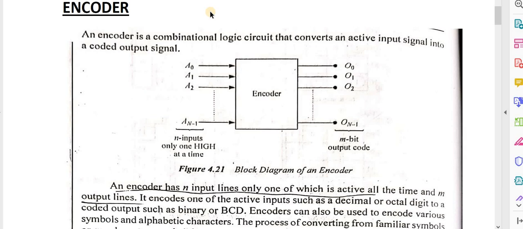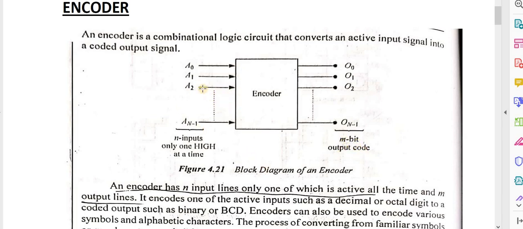So for a simple encoder, it is assumed that only one input line is active at a time. This is the block diagram of an encoder. You can see here the input lines, only one is active, that is high, at a time, and here is the m bit output code.